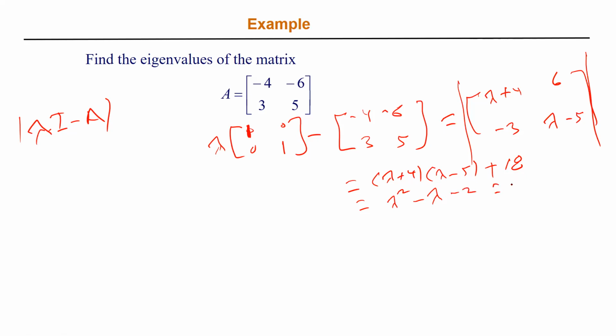If I want to get the roots, it's (lambda plus 1)(lambda minus 2). So the roots, or the eigenvalues, are lambda equal to -1 and 2. As I said, for each lambda you can find the eigenvector, but we are not going to go into that. I don't think we need it here.